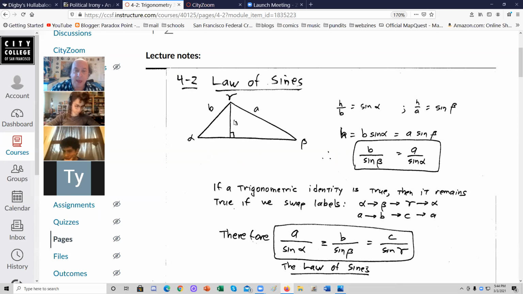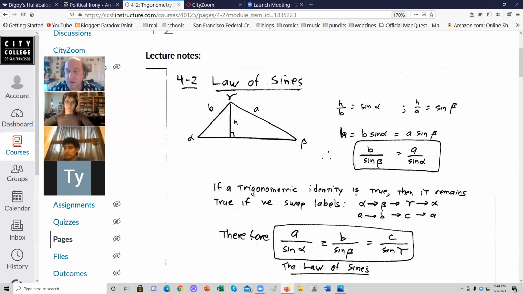Now, h over b equals sine of alpha. h over a is sine of beta. Therefore, transposing, h equals b sine alpha and also equals a sine beta. So b sine alpha equals a sine beta. And then transposing the sine alpha and the sine beta, you get that b over sine beta equals a over sine alpha. This is an identity for triangles.